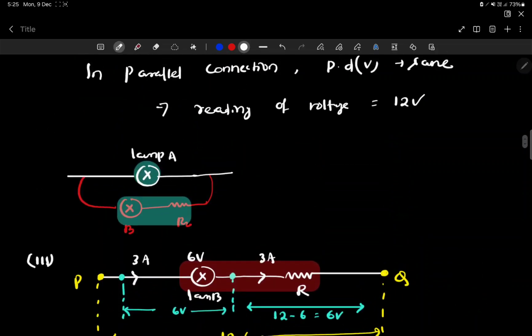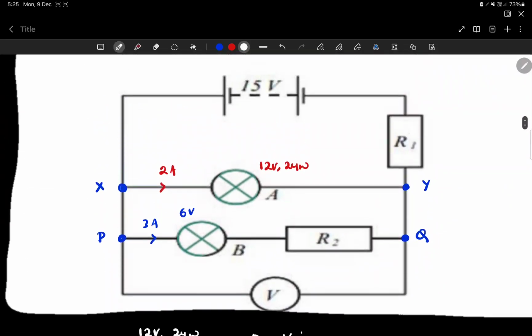One more thing, you see the diagram. See this red color mark? Here the total amount of current is coming towards this junction, and at the junction X, the current starts to divide into two parts. In one path 2 ampere current is flowing, and in another path 3 ampere current is flowing.